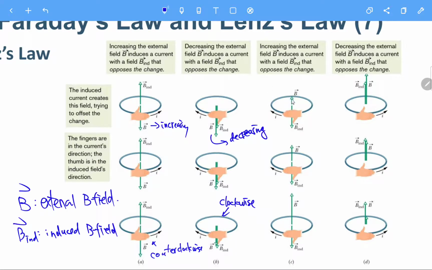For the next case, if B is pointing upward and is increasing, then this loop will try to generate a B field pointing downward, and using the right-hand rule, you will know that this is clockwise.